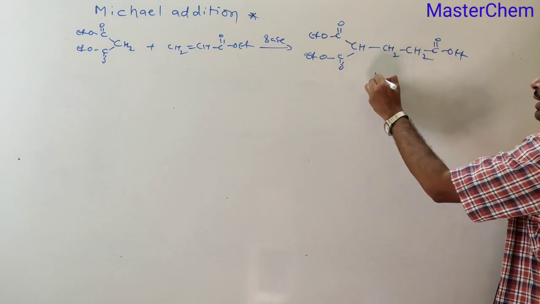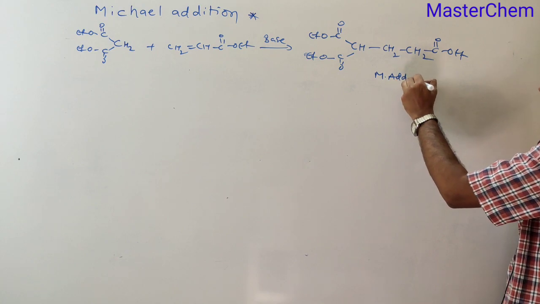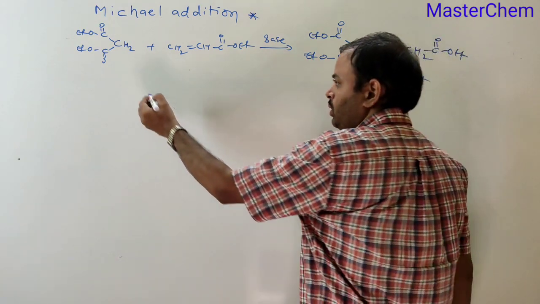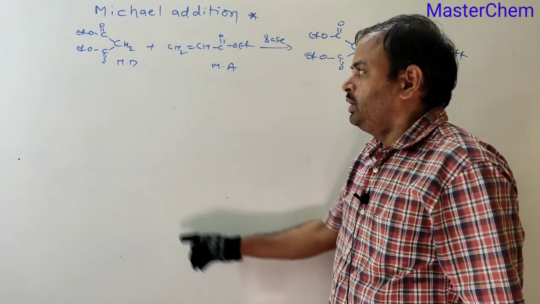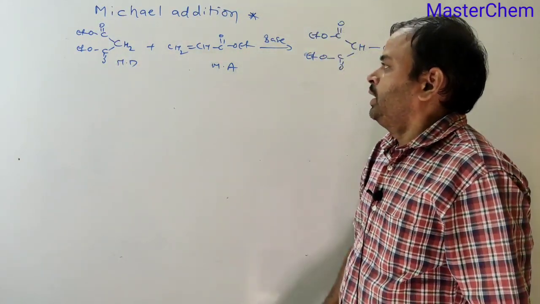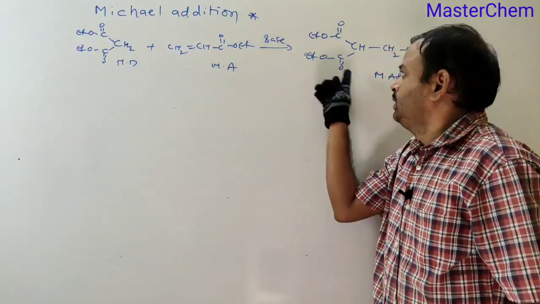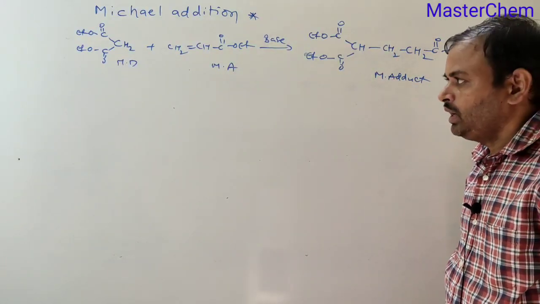Okay, this is Michael adduct. So this is Michael donor and this is Michael acceptor. Diethyl malonate and ethyl acrylate give the corresponding Michael adduct.